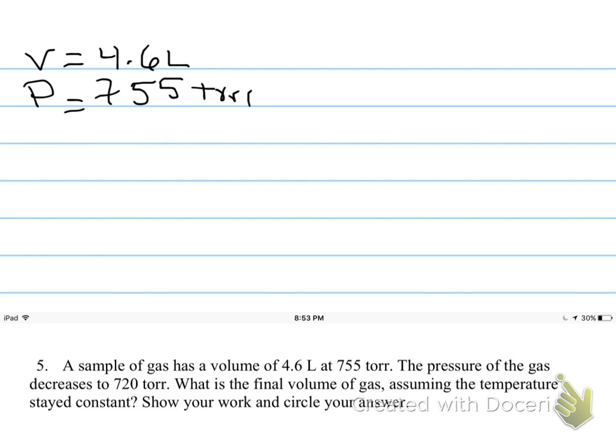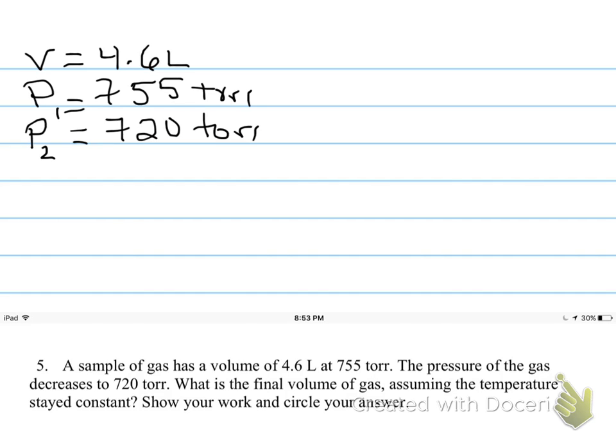The pressure of the gas decreases. Okay, so we have an initial pressure and a final pressure, and it's going down. When pressure goes down, I expect the volume to go down also. If it's less pressure, it pushes on the container less, so it's going to shrink. So my answer should be less than what I'm starting with there.